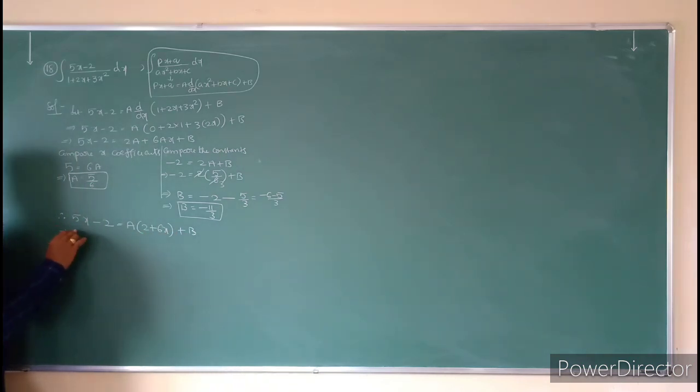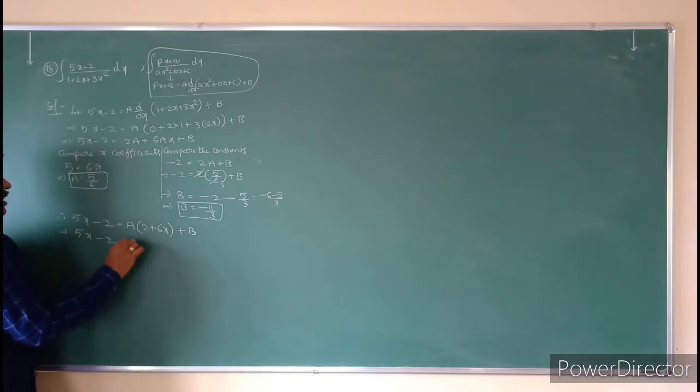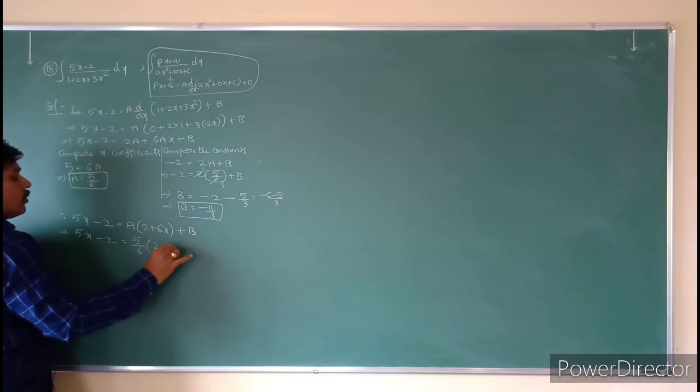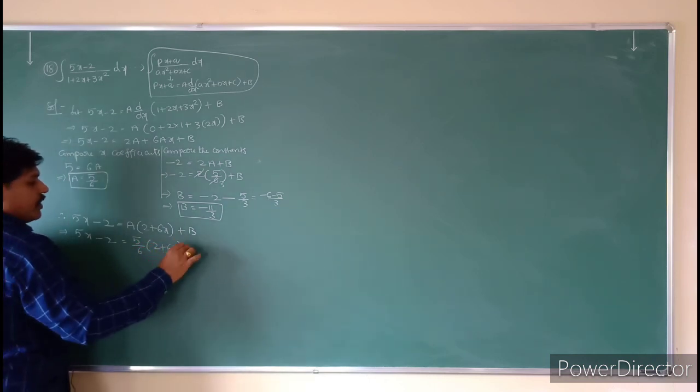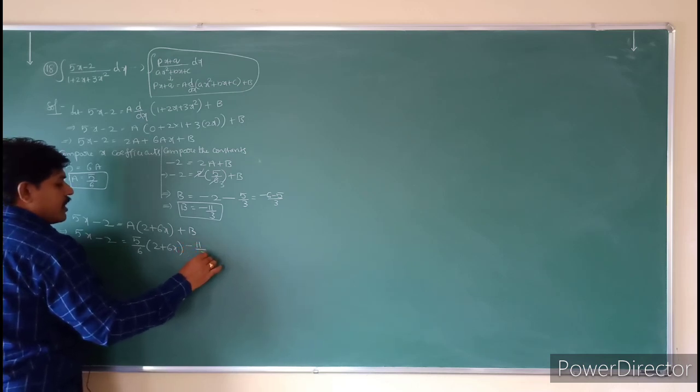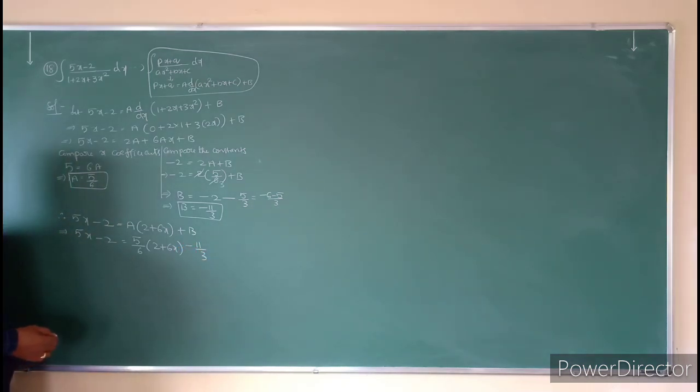That implies 5x minus 2 is equal to, the a value is 5 by 6, into 2 plus 6x plus b, and b is nothing but minus 11 by 3. So this is the condition.